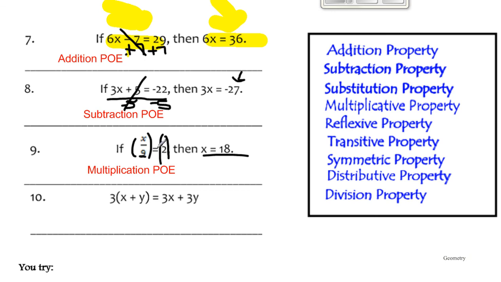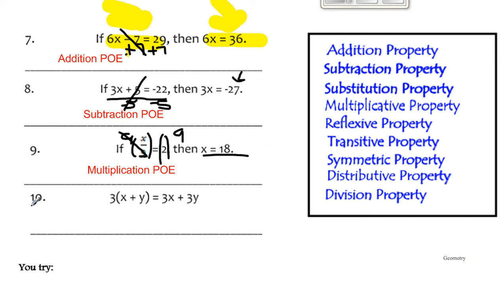In order to get rid of the 9 in the denominator, you have to multiply by 9. And remember, when you multiply one thing on the left side of an equation, you have to multiply the same thing on the right side. So 9 over 9 gives you 1x. That's right here. And 9 times 2 gives you 18. So that's your multiplication property.